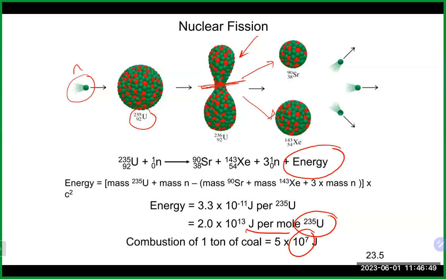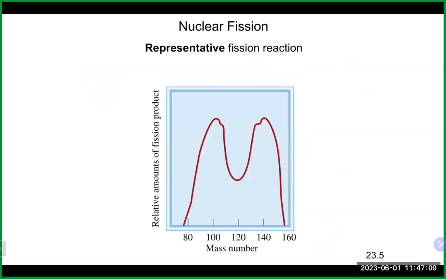They also compare these two things because those are the two traditional ways for a long time that we get power. We get power by burning coal, and we also have nuclear fission power plants. So you can see you get a lot more energy out of the fission reaction.